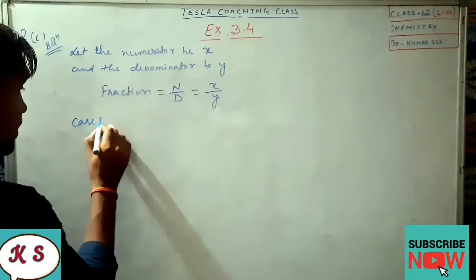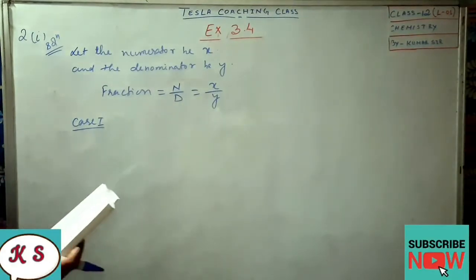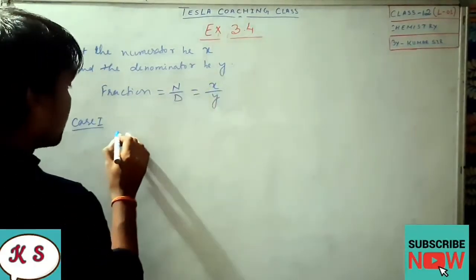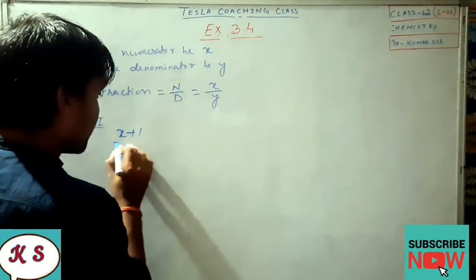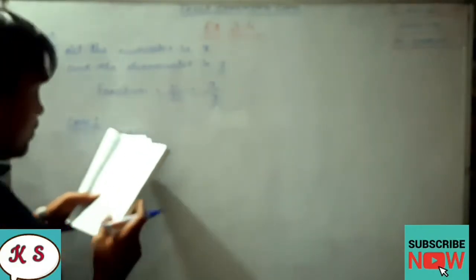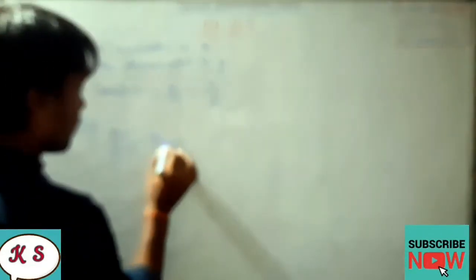Now case 1. There are two conditions given, so we'll write case 1, case 2. In the first case, it is said, if we add 1 to the numerator and subtract 1 from the denominator, that means numerator is x, so we add 1 to the numerator and subtract 1 from the denominator. Then the fraction reduces to 1. Now we will cross multiply.